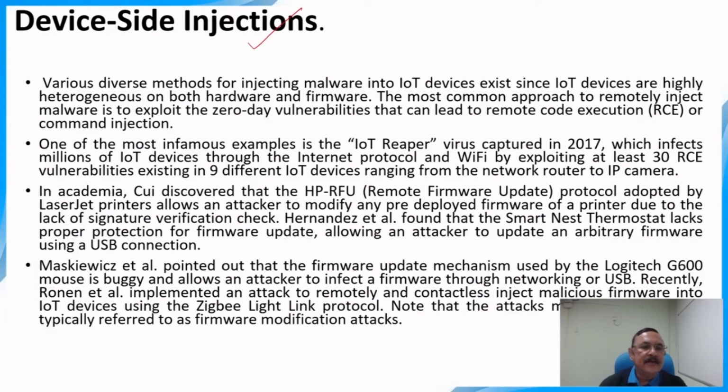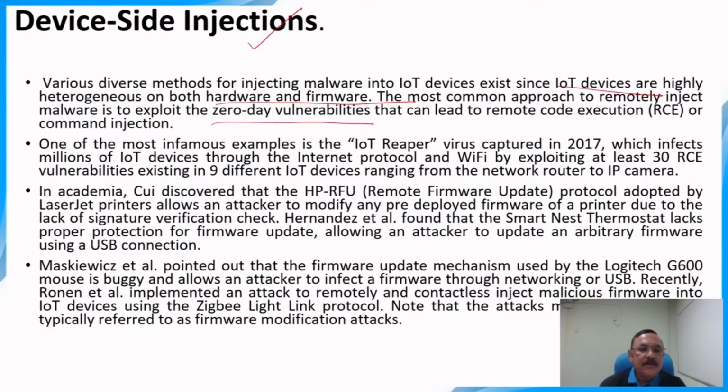Now, device side injections. Various diverse methods for injecting malware into IoT devices exist, since IoT devices are highly heterogeneous in both hardware and firmware. The most common approach is to remotely inject malware by exploiting zero-day vulnerabilities that can lead to remote code execution.